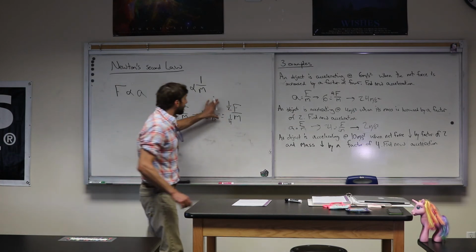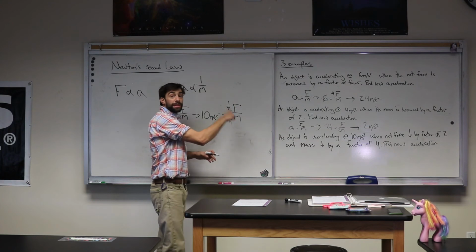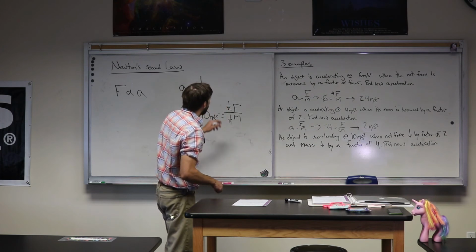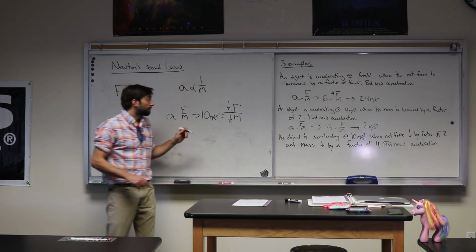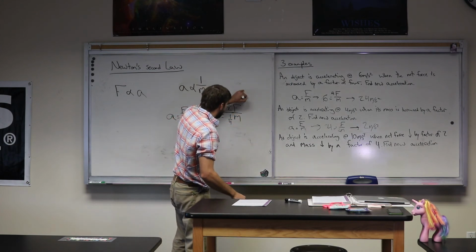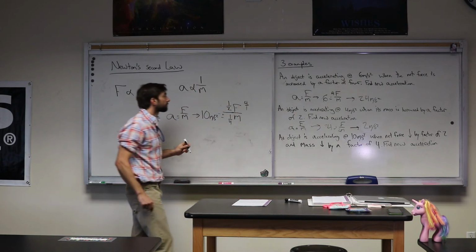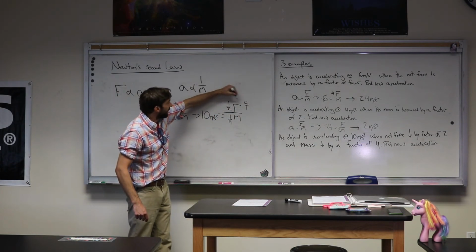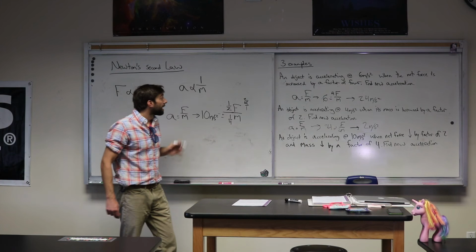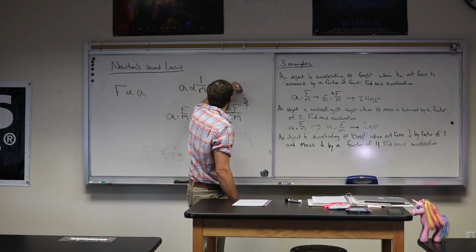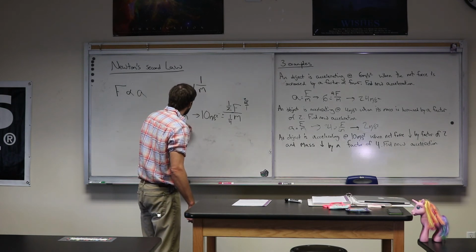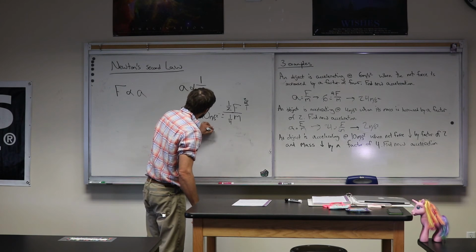So now what I can do is, once I figure out the numbers on this side, I do that operation to this side. If we remember back to fractions, if I want to divide these fractions, I would take this and flip it, so it would be 4 over 1. Essentially, this 4 and the 2 cancel, and I have just a 2 left over. Since I just have a 2 on this side, I multiply by 2 on this side. And so what I'm left with is our new acceleration is 20 meters per second squared.